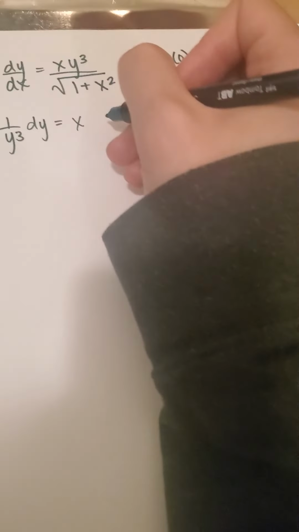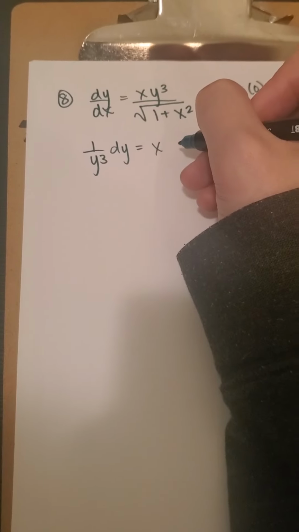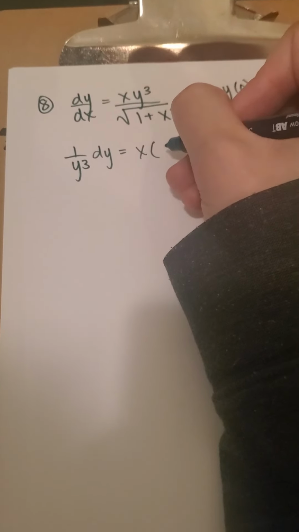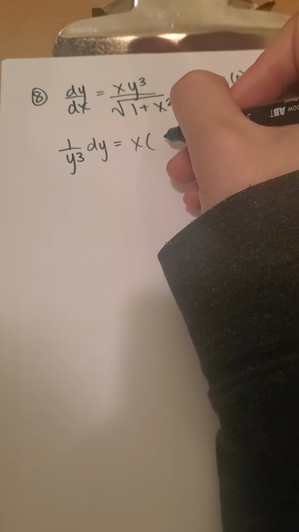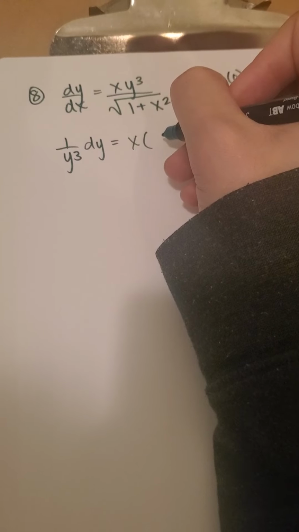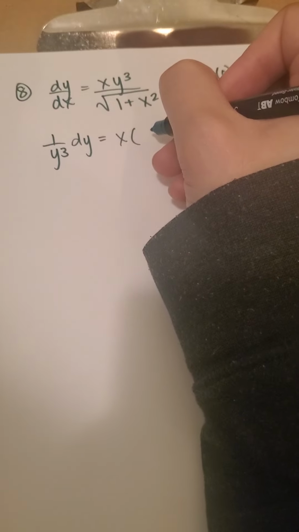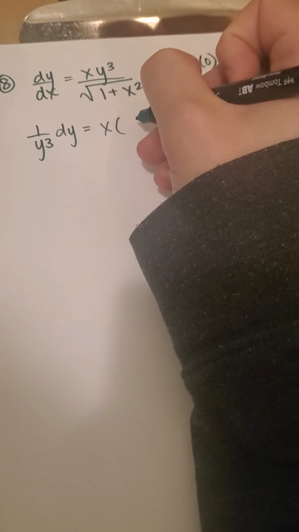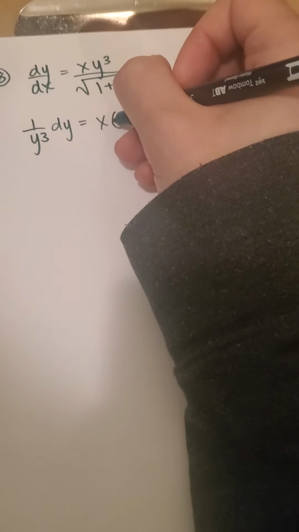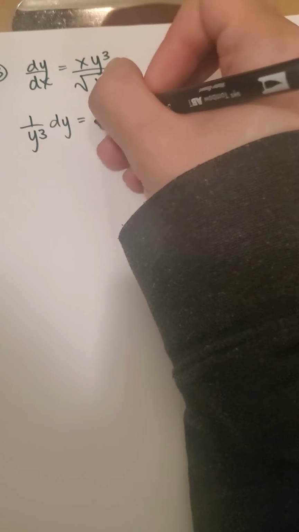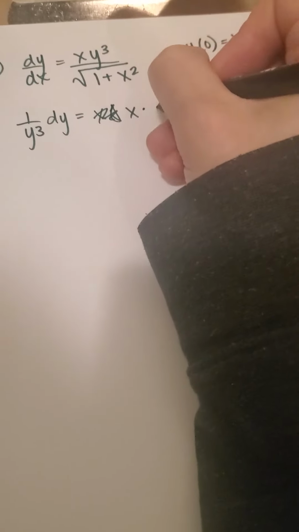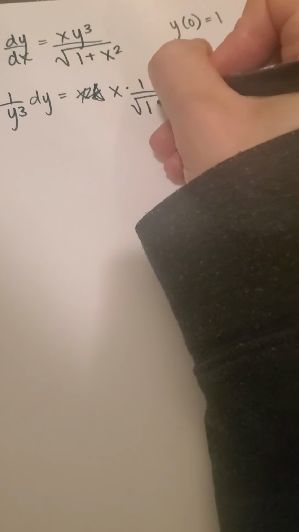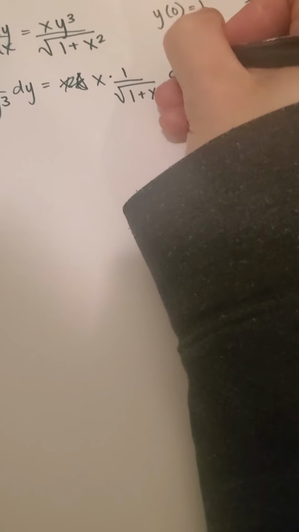Sorry, x over this mess. Let's just rewrite that. Let me actually just keep it for now. Let's do just x times 1 over the square root of 1 plus x squared dx.